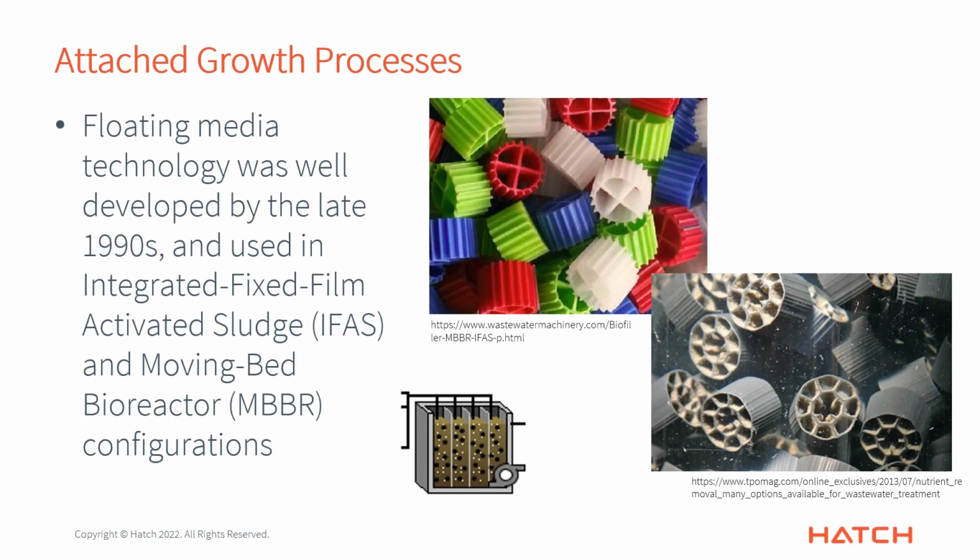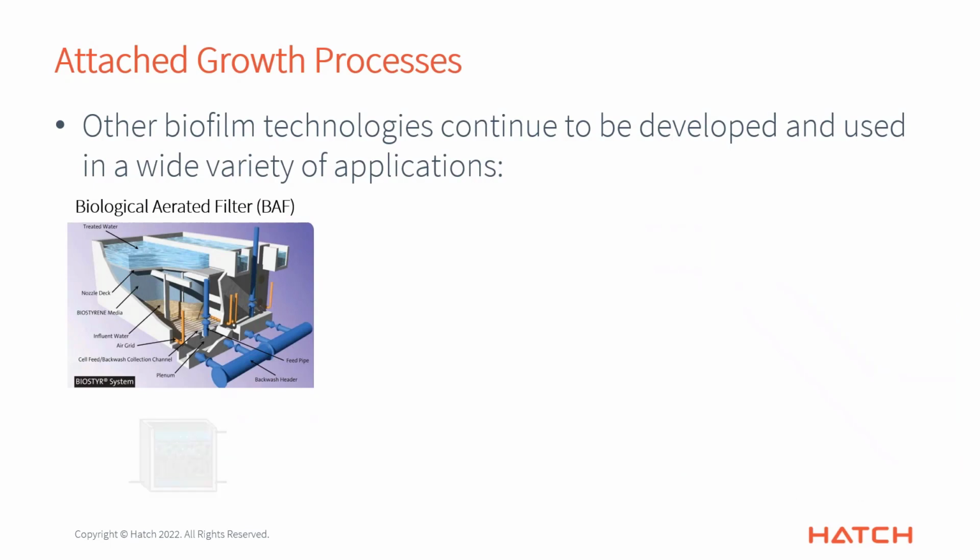But then later on in the 90s was sort of the beginning of looking at this type of IFAS and MBBR media, right? So extruded plastic with ridges on them and other things to kind of create a lot of surface area. That also became quite popular. And then after that as well, there's also been a development of a variety of other types of biofilm type processes.